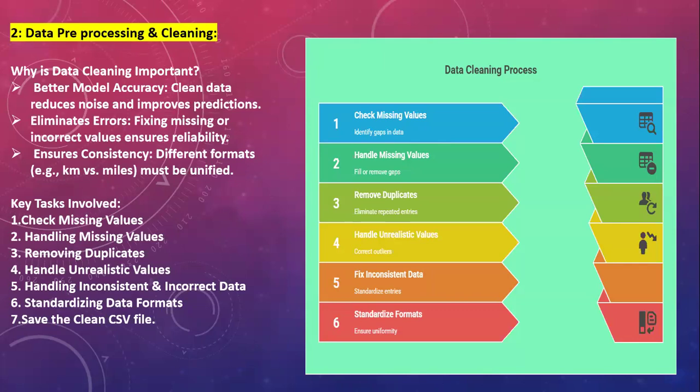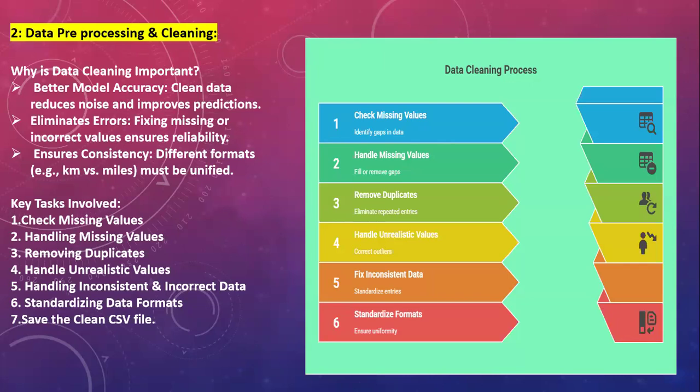And these are the key tasks involved in the data pre-processing, which I have designed. First one is to check the missing values of the data which I have created, then handle the missing values properly, then remove the duplicates if we have any duplicate values in the data set, and also handle the unrealistic values in the data.